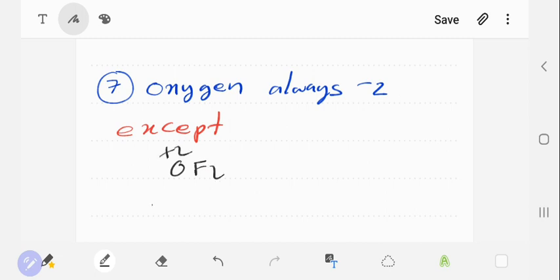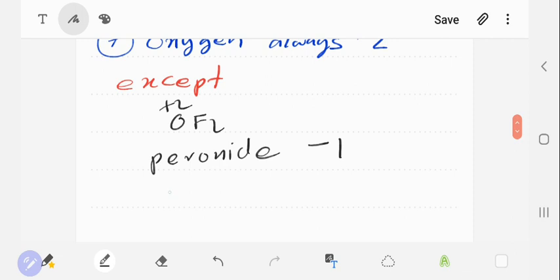Next, in peroxide oxygen is -1. Another case is superoxide, where it is -1/2.